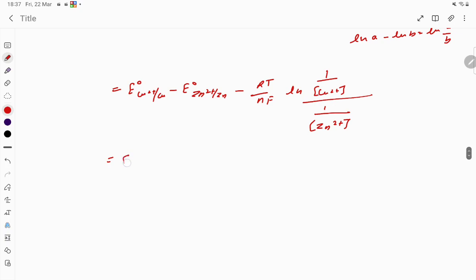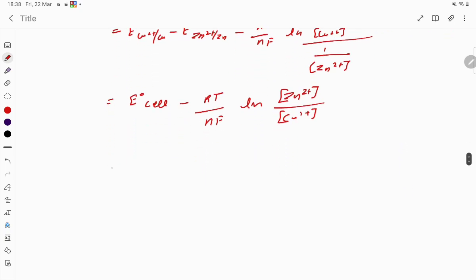Now solve it out. This total term will become E naught cell, so I am writing E naught cell minus RT upon nF, and rearranging, Zn2+ upon Cu2+ will come.